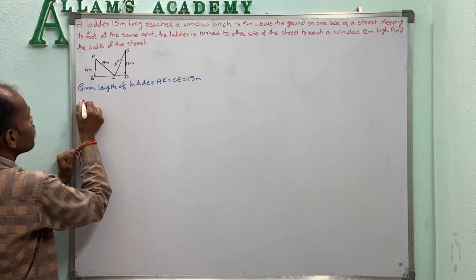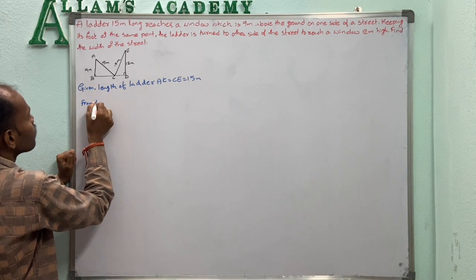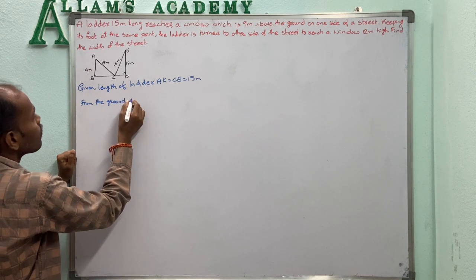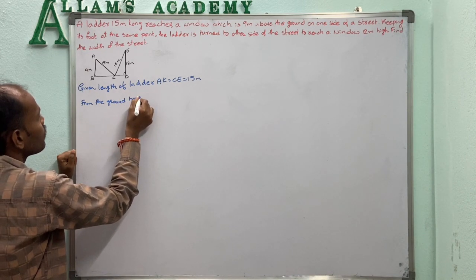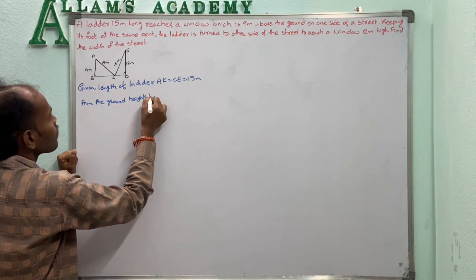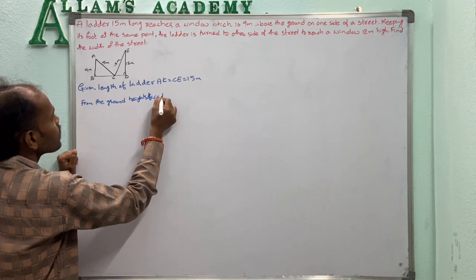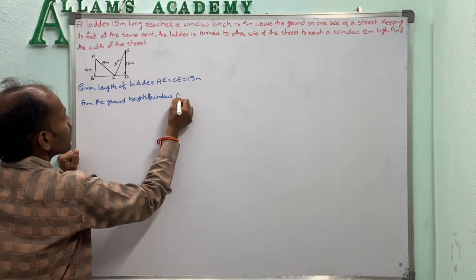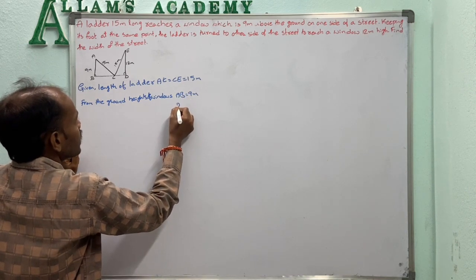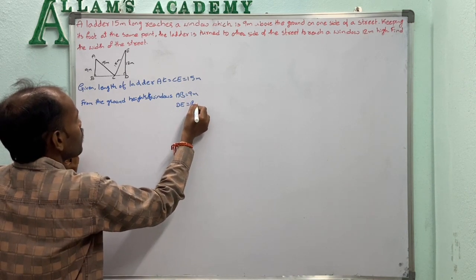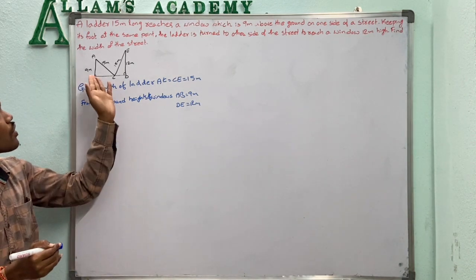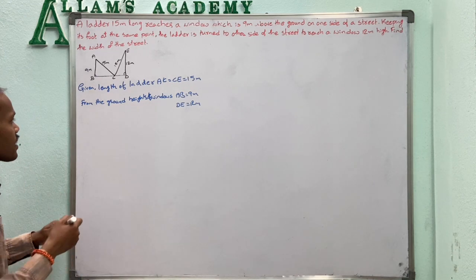From the ground, the heights of the windows: AB equals 9 meters and DE equals 12 meters. Now, since right triangles are formed, we can use Pythagoras theorem.